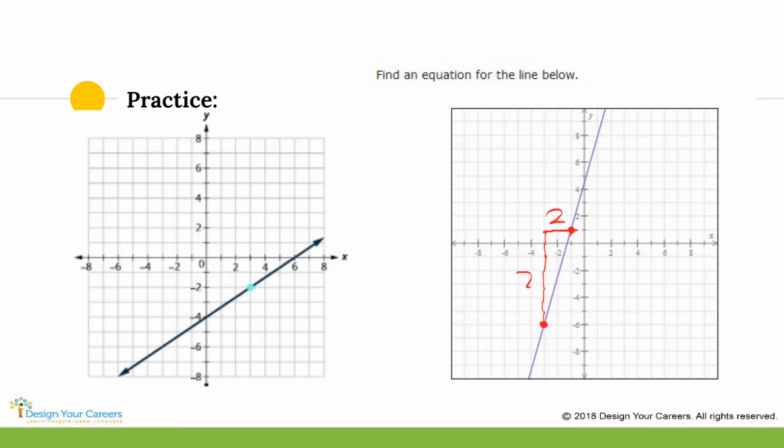We know this is a positive slope, so m is going to be 7 over 2. And our b value, looking at the axis right over here, is going to be positive 4. Now our equation will be y is equal to 7/2 x plus 4. That is our equation for this line.